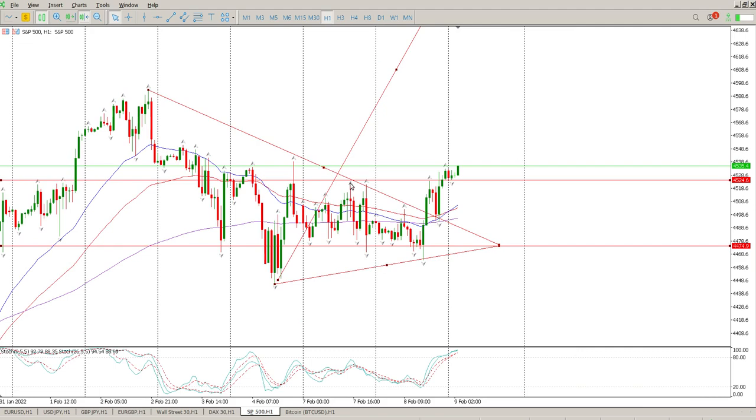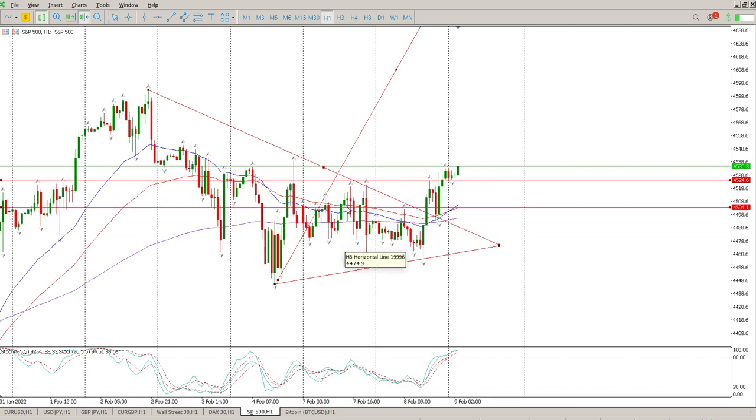So with all of that noise, what can we expect? There was a trend line break, there was a trend line retest on the hour, crossover of all the moving averages. Don't like the oscillators at the moment, so I'm almost of the opinion that we should pull back onto some form of structure, and I'm just going to use this bottom one here. That would make sense.